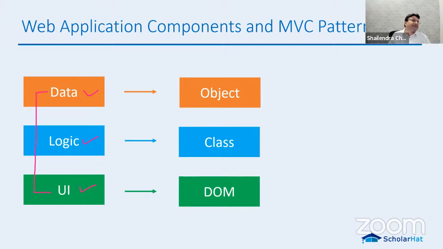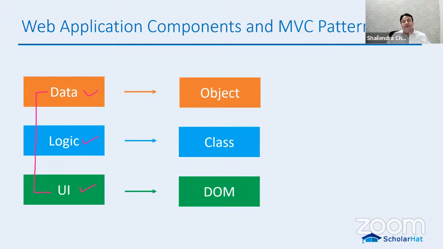Okay, let me tell you a different definition of object and class, so you will understand this is my object and this is my class. First, objects are the real world entities in our application. Let's take the example of building an e-commerce application, let's say Flipkart or Amazon.com.